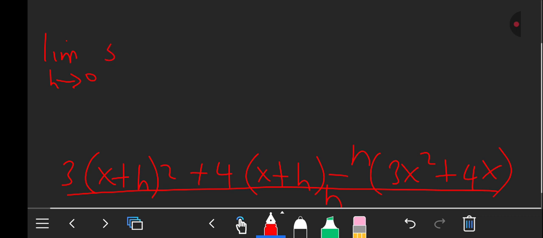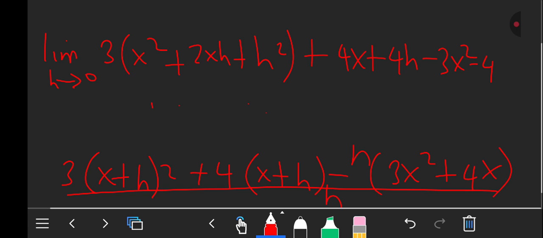This will be equal to 3 multiplied by x squared, plus x multiplied by h multiplied by 2, that is 2xh, then plus h squared, then plus 4 multiplied by x, that is 4x, plus 4 multiplied by h, that is 4h, then minus 3x squared, then minus 4x. Then everything is over h.